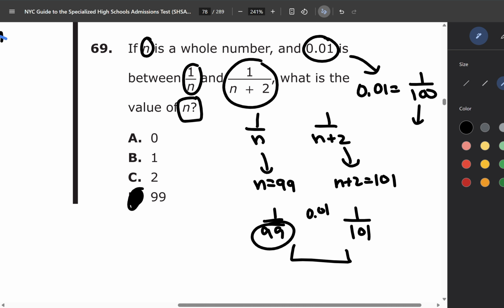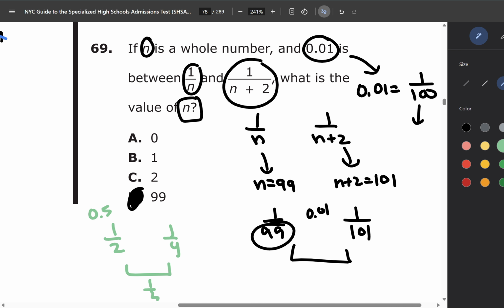Now, I feel like for this problem, I wouldn't personally use any sort of algebra or actual math here. I think it's just a matter of realizing that 0.01 is 1 over 100. For example, when you have 1/2 and 1/4, this means that 1/3 is between these two numbers.